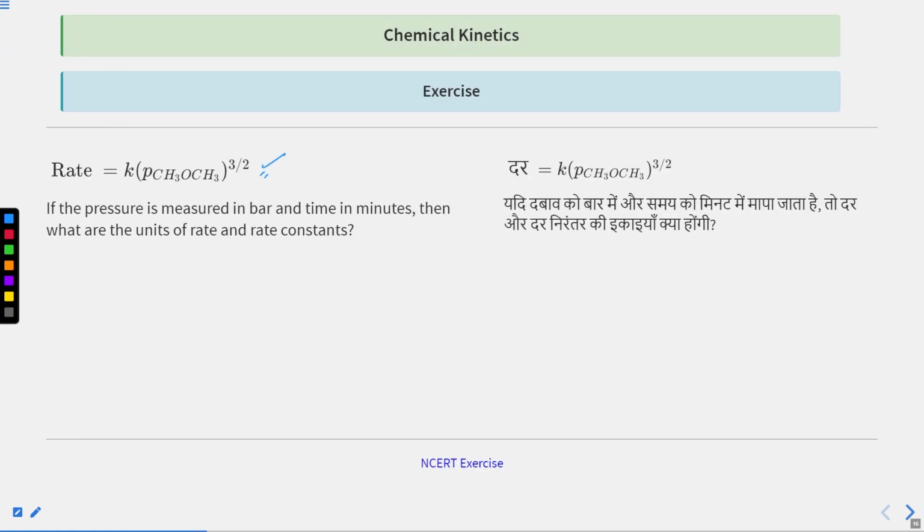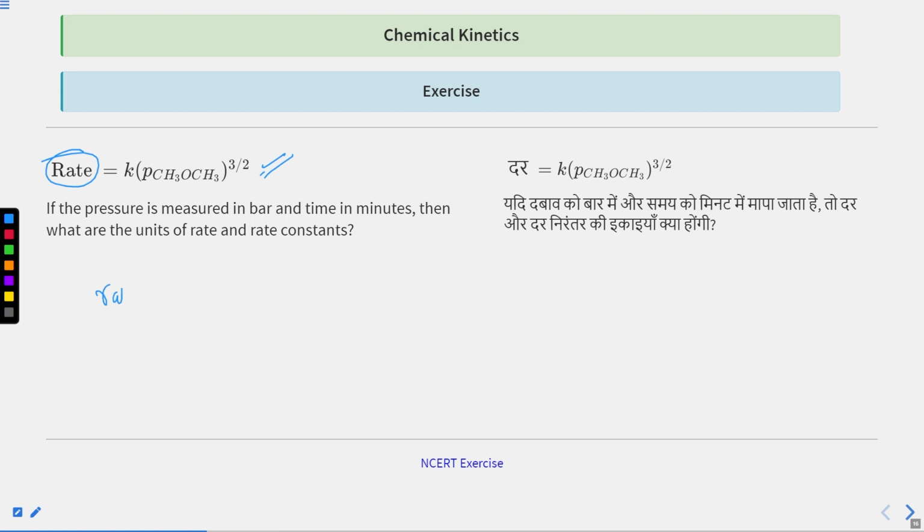So we're taking the pressure of CH3OCH3. Now, if the pressure is measured in bar and time in minutes, then what are the units of rate and rate constant? So we have to find the unit of rate and rate constant. What will be the unit of rate? Rate is change in concentration per unit time if it is about concentration, but if it is about pressure, it is change in pressure per unit time.